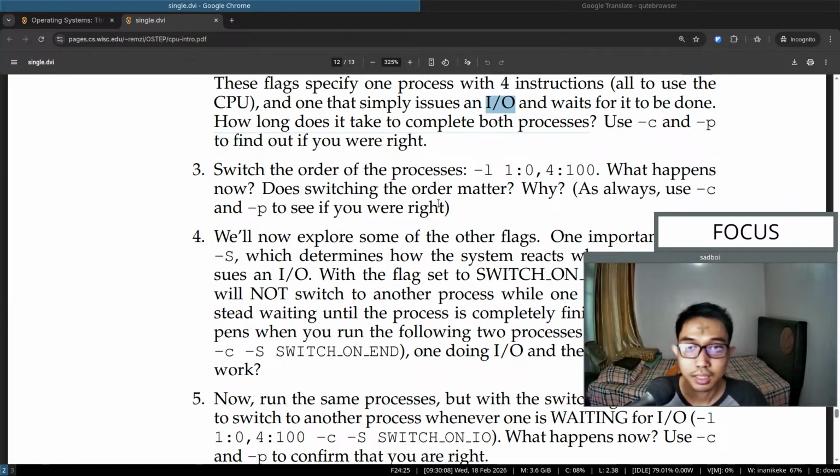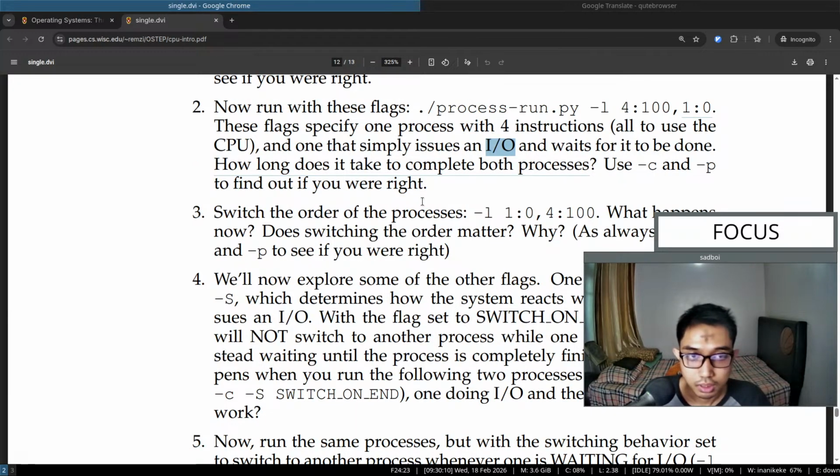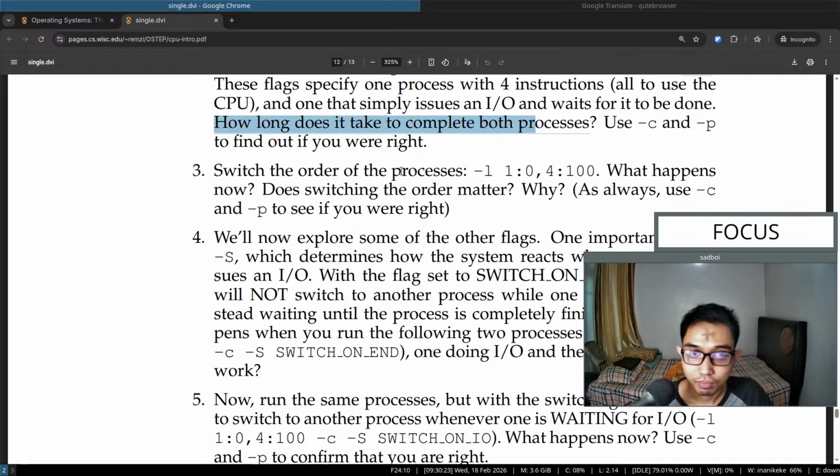Okay. So it was how long does it takes to complete boot process? 11 time. Whatever the time measurement there. So it's the order of the process. This L1, okay. 1, okay. Alright. This is the probability.